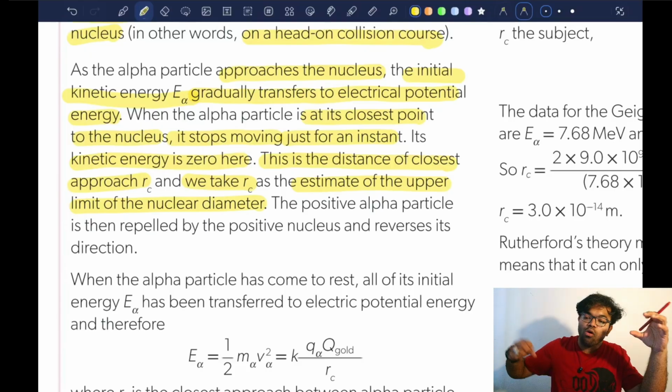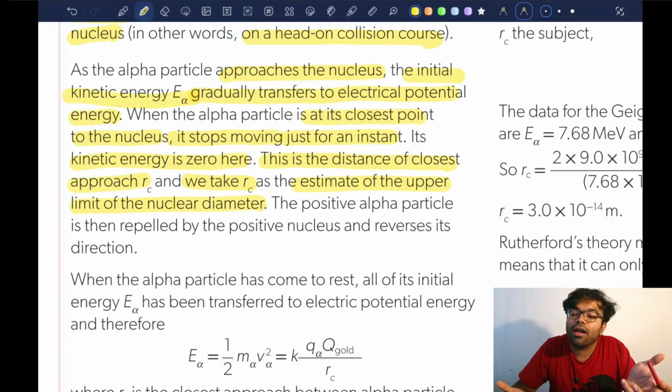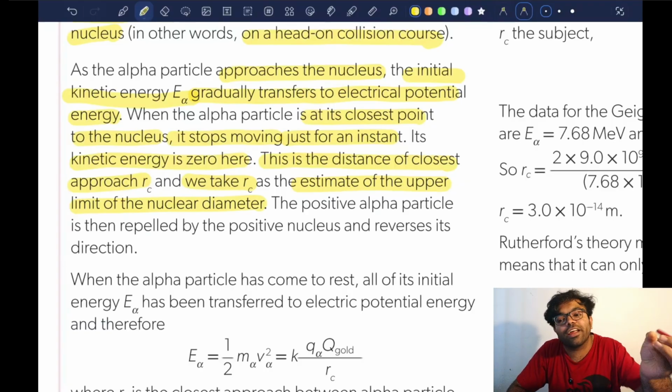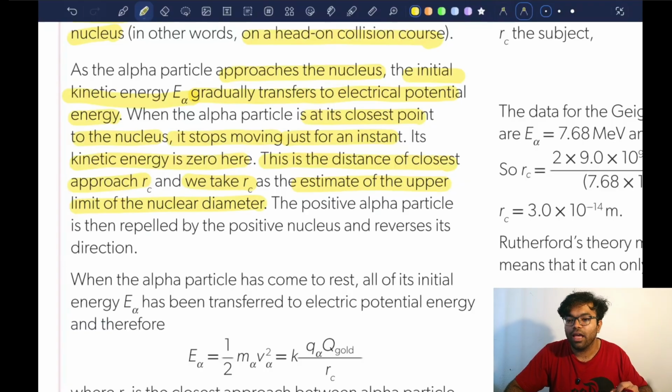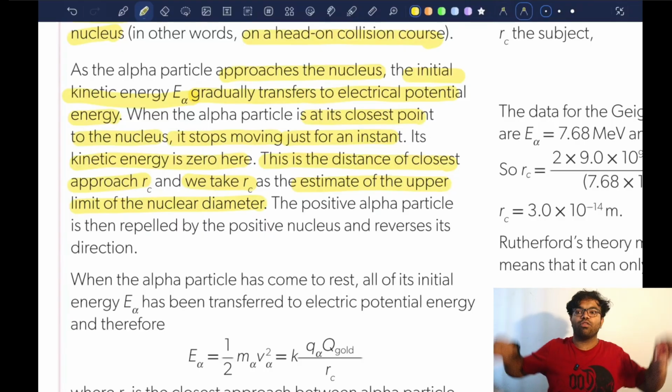So how close can you be? Basically, the closer you are, that means you have not reached the radius of the nucleus. The maximum closeness will give you an approximation of how big the nucleus of the gold atom is going to be. If it were very far away, then the nucleus would be big.